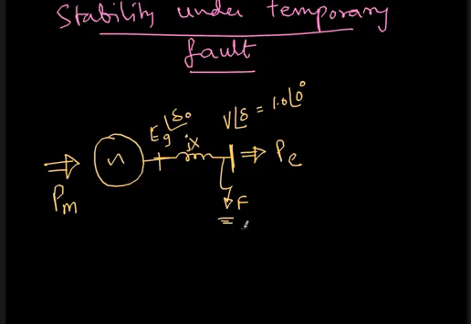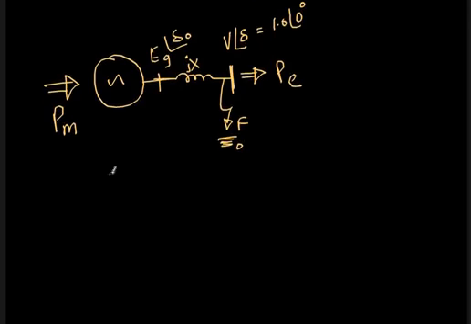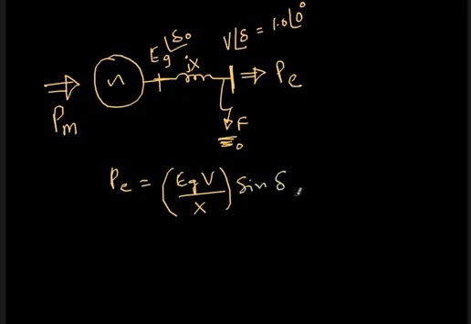Now momentarily there is a fault, and when there is a fault the voltage will become zero, because this is a three-phase fault to ground, so this voltage will become zero, and as a result the electrical power will become zero. Now we also know that the expression for PE is Eg times V by X sine of delta.